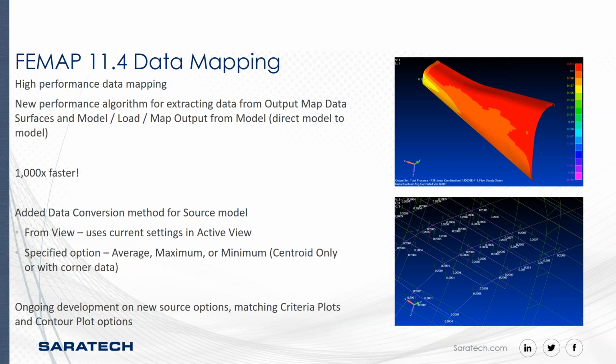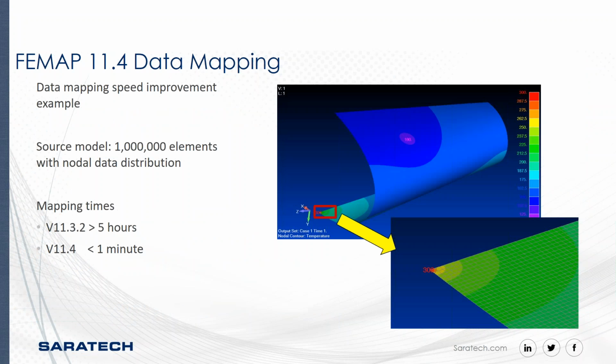And again, there's ongoing development on new source options, matching criteria plots, and contour plot options. Like I said, mapping times have decreased, my bad. So for example, a source model with like 1 million elements with nodal data distribution, in 11.3 will take more than 5 hours, and now takes 1 minute. It's just an update to the software itself, which makes it faster for you to map your data.